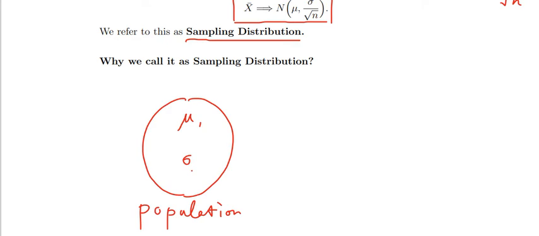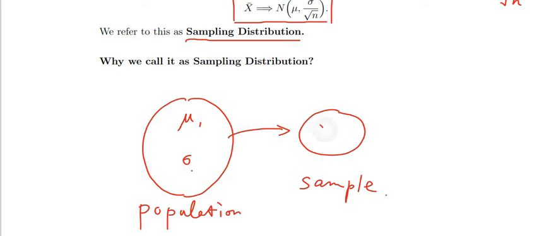So usually we take a sample, we check a small part of the population, a few people. From the sample we can find the sample average x bar.